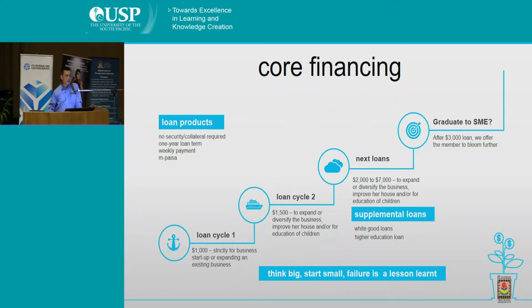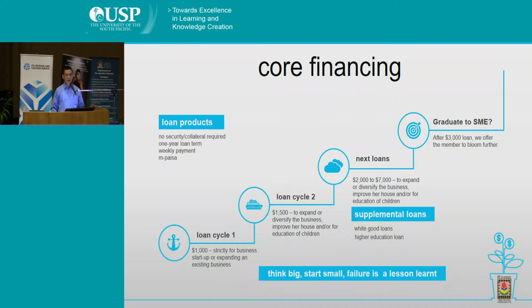But this time in subsequent loans, we make it very flexible, such that a portion of that can be used not only for business, but also for improving your house, like changing your roof, and also for children's education, like buying uniforms and books and everything. So it can be multi-purpose now.